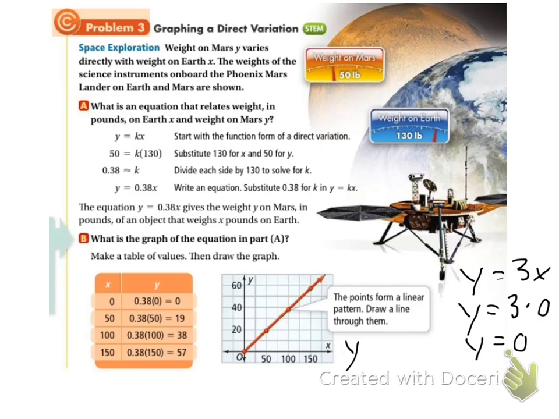If I have the equation y equals 1/4 x, when I plug in 0, 1/4 times 0, y equals 0. Every time I plug in 0 to any direct variation, I always get 0 out. So every direct variation graph is going to go through the origin, 0, 0, down here.